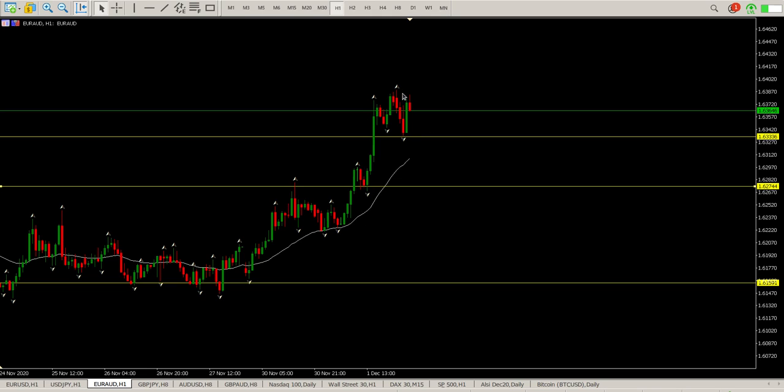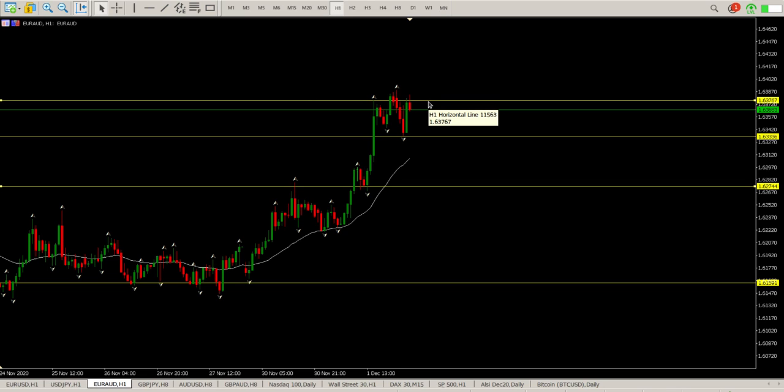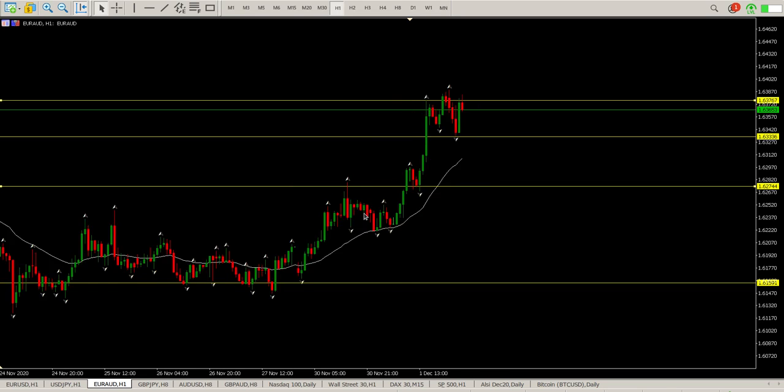But what could happen is it could just zigzag around here for a bit, and then what you do is just draw your level in on the top. We can do that now actually, and then you're looking for a break above there and a retest of 163.767, or alternatively you're looking to buy off the bottom here, but then you've got a pretty wide stop. Your stop's going to have to be down below one of these swing lows. But I think that's building quite nicely for a move to the upside.